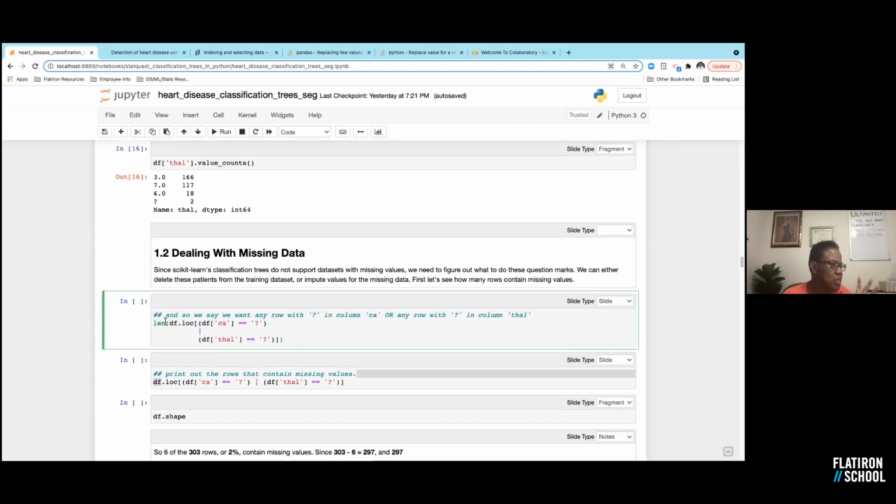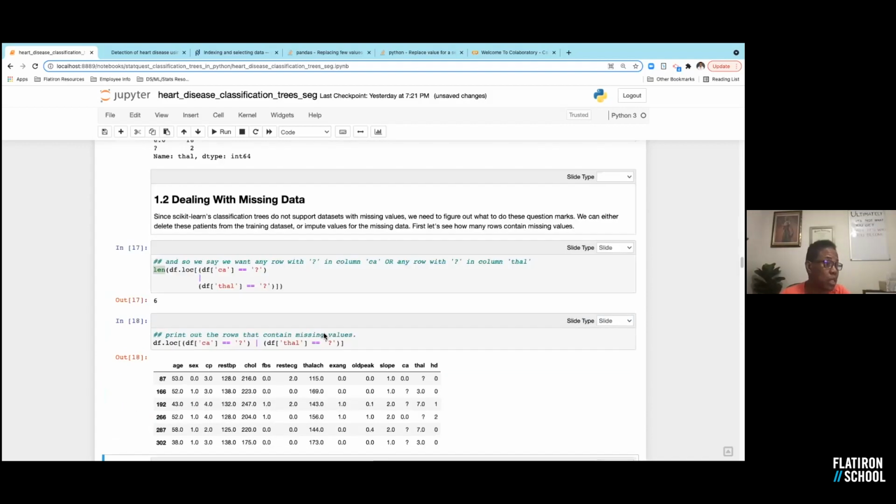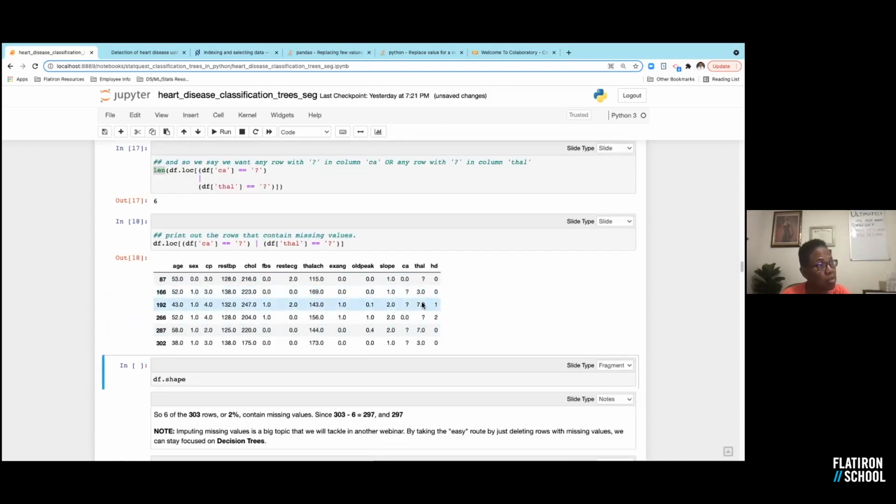And if we selected that out from the data frame, and then we did a len, which is a Python built-in method that lets you get the length of anything, length of your string, length of your column, length of your data frame, essentially it's telling us that we have 6 rows where these question mark values are concerned. And so we want to make sure that we took care of them. So if we printed it out, these are the 6 rows.